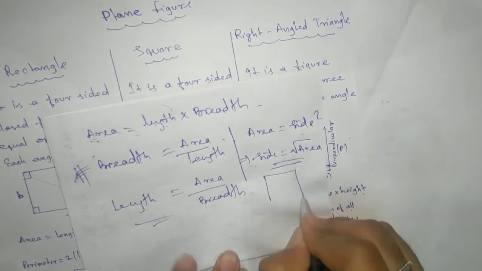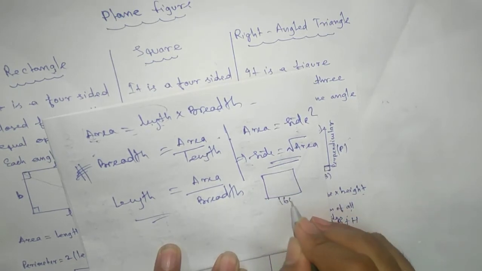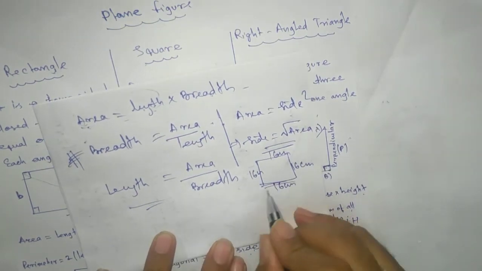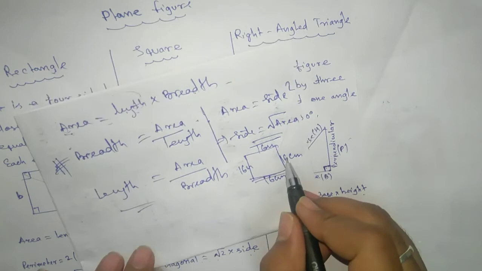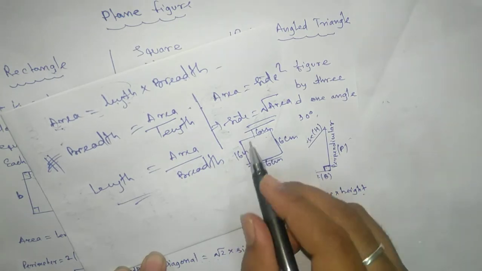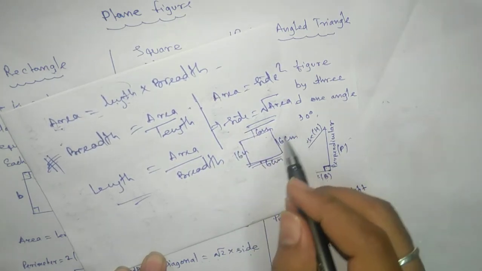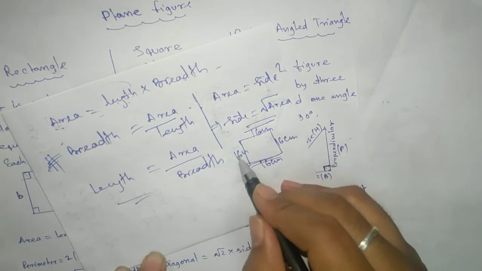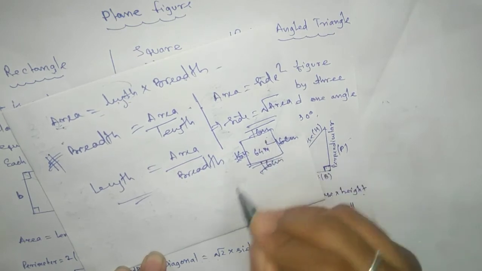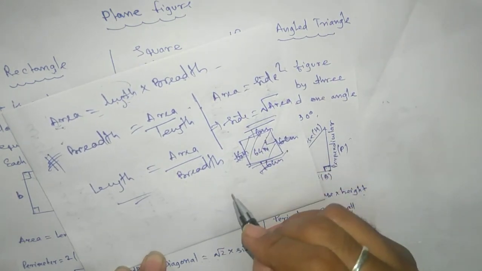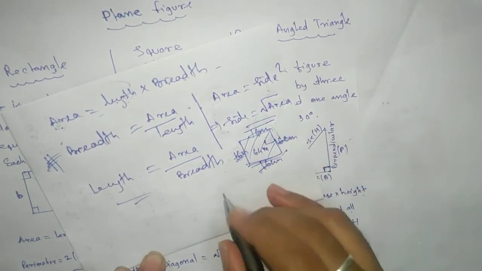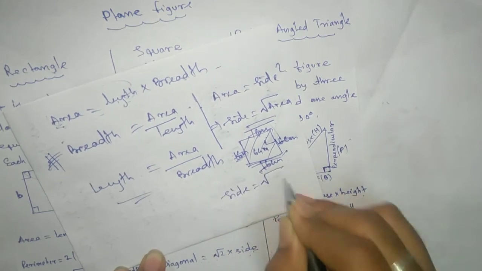Let's take one example. If I take a square whose sides are 16 centimeter each, then you need to find the area. Since the side has been given, you can easily find the area, that is side into side, 16 into 16, you multiply, you will get the answer. But if the area has been given, 64 meters square, and you need to find the length of the side of this square, we have the formula, side equals to root over area.